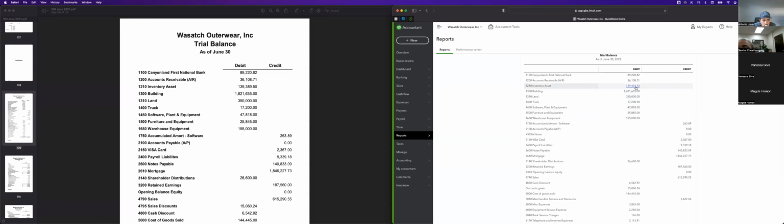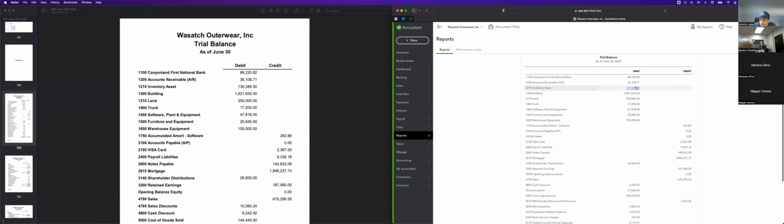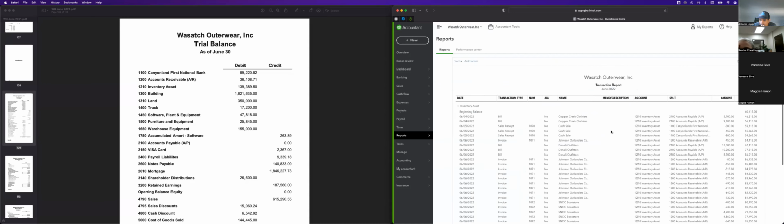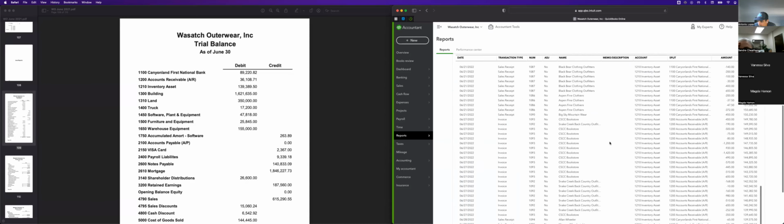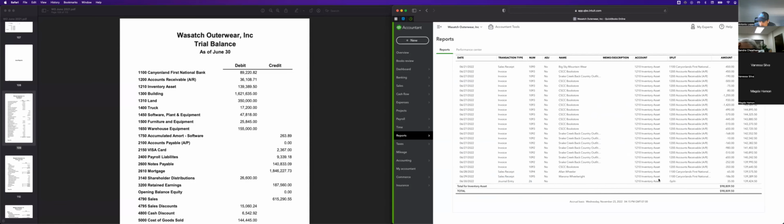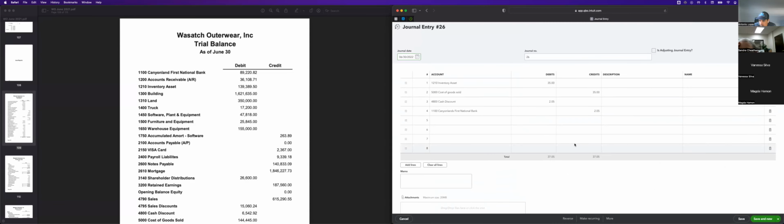Inventory asset. So now that we fixed it, I need to take that journal entry off because it should be wrong now. Yeah, this $35 journal entry. Yeah, that one. Cash discount. Yeah, those two. Let's leave that on there.